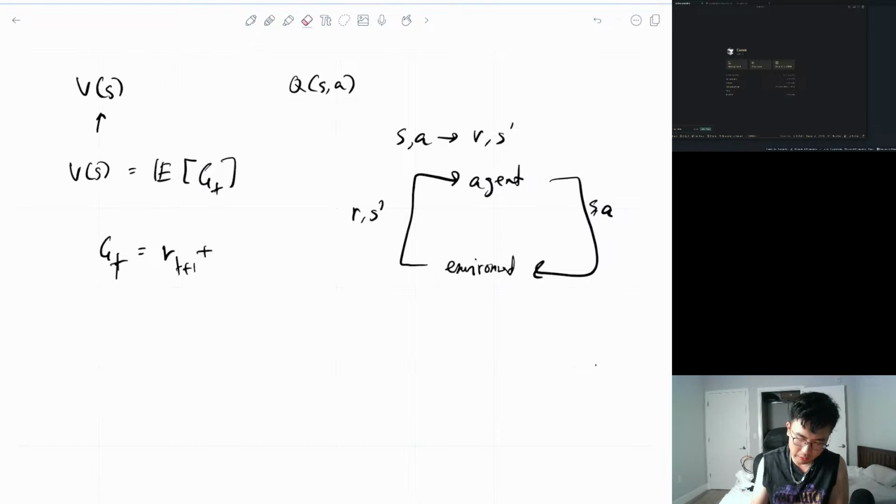In this case, let's call it G. You expect the return G to be the sum, if you were to sample from your policy. Okay, let's just write G is equal to R plus gamma R at t, like your next word.